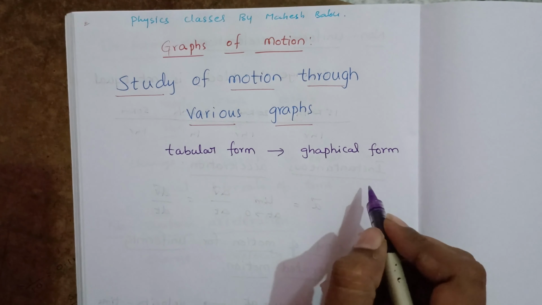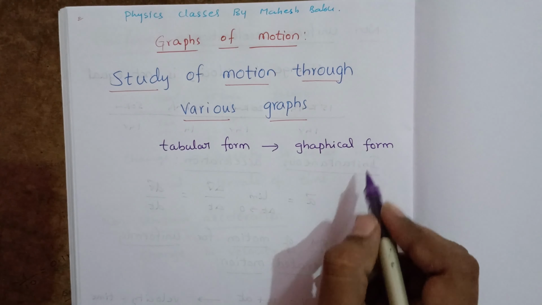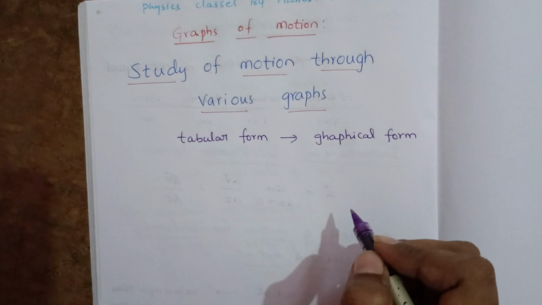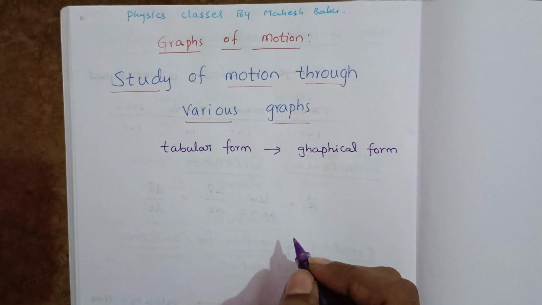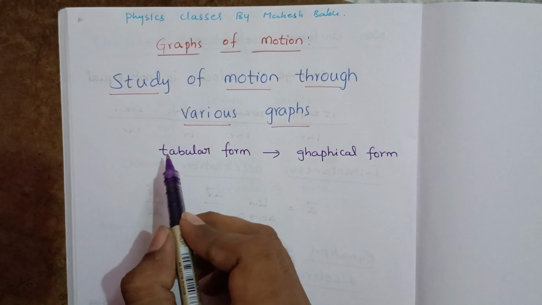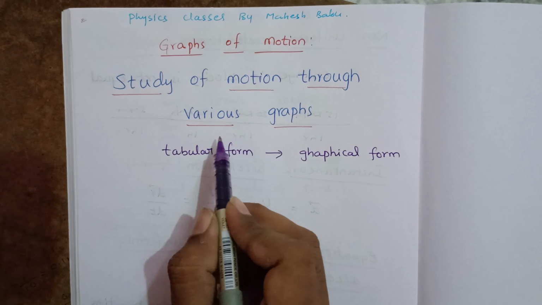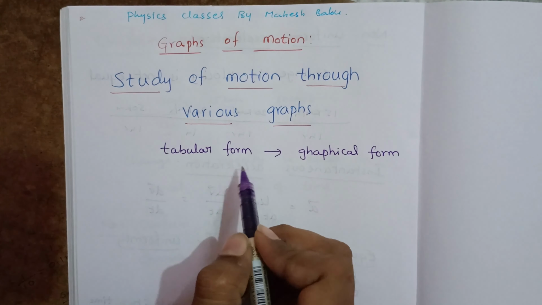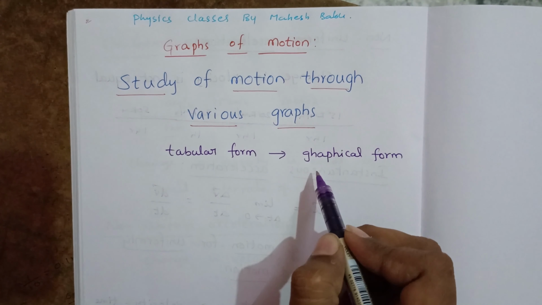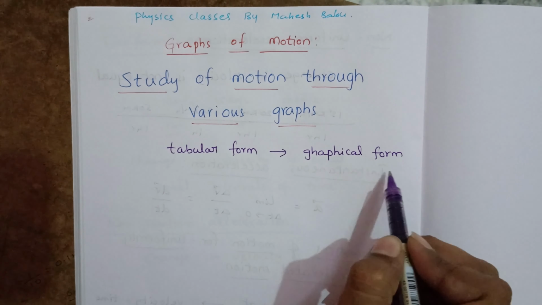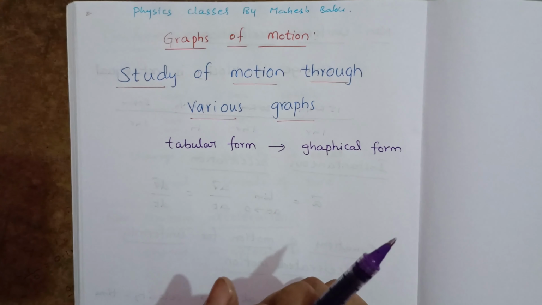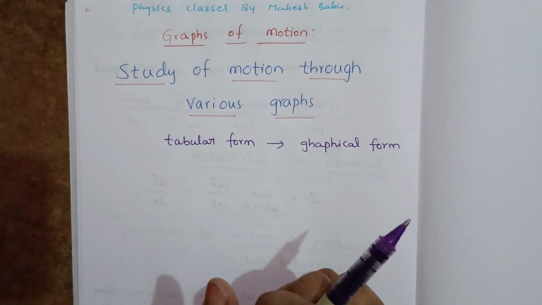Tabular form to graphical form makes it easier to find the relation between the physical quantities. So we can easily find out the relation between them.